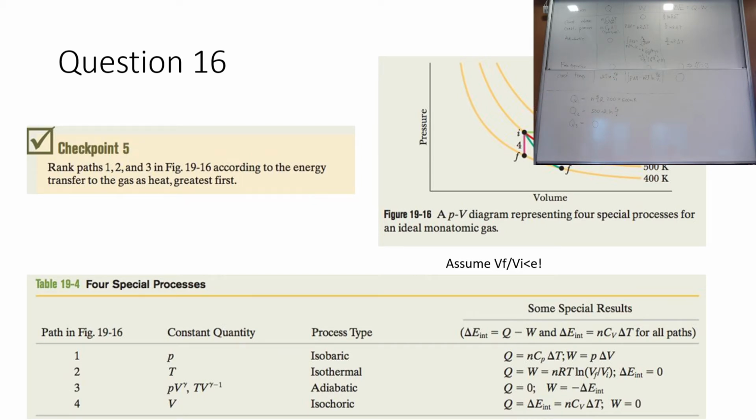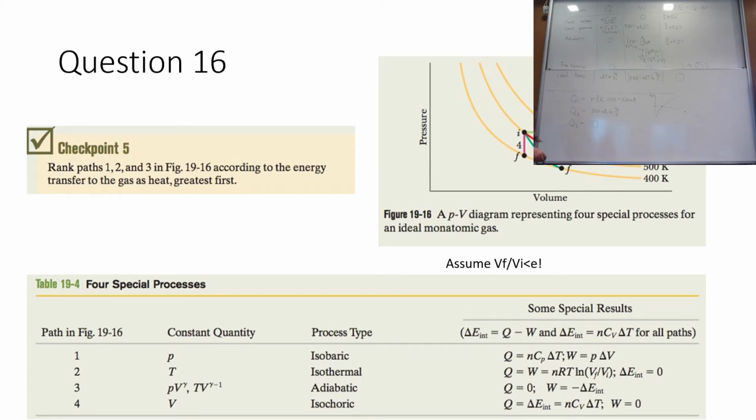And the log function looks like this. This is x, this is log x, right? Log of 1 is 0, right? So it goes through here and basically goes up like that.